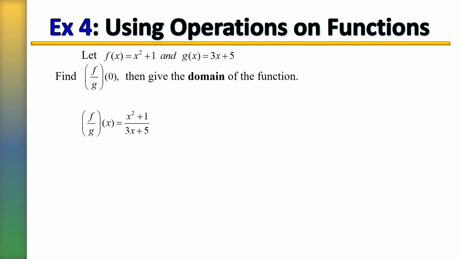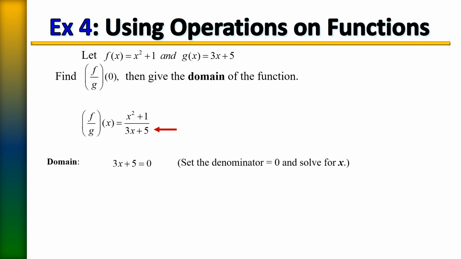So if we take the bottom, 3x plus 5, set it equal to 0, the first step to solving for x is to subtract 5 from each side, divide by 3, whatever you do to one side, you do to the other, and x equals -5/3.